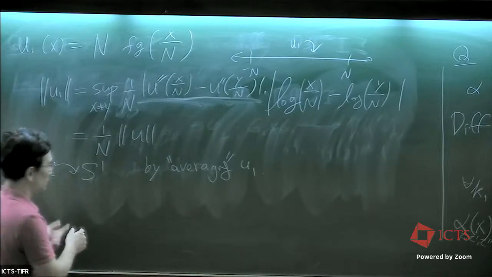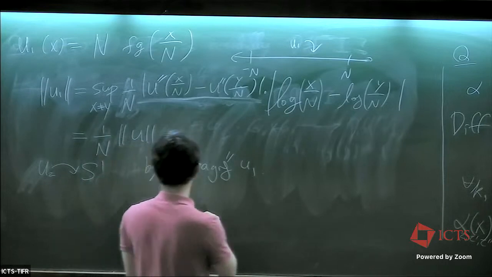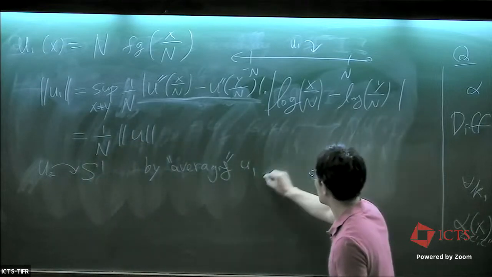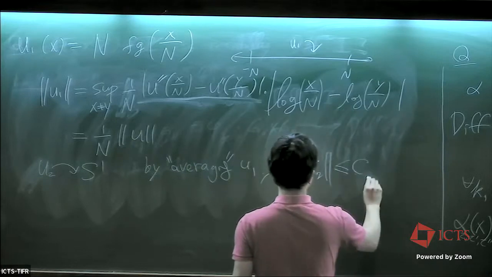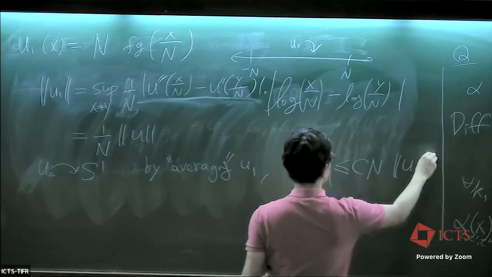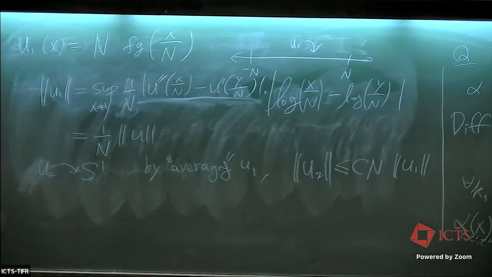And then I'll talk about how to make it a real line action. The requirement is U2 is at most Cn of U1. So this averaging process certainly increases the norm, but only by a linear factor of the interval length.